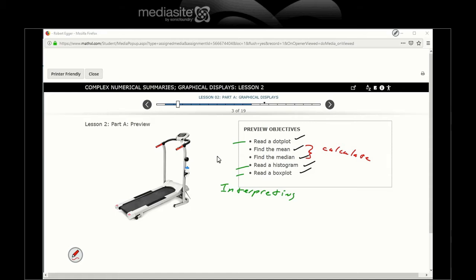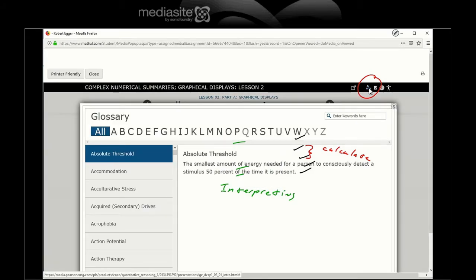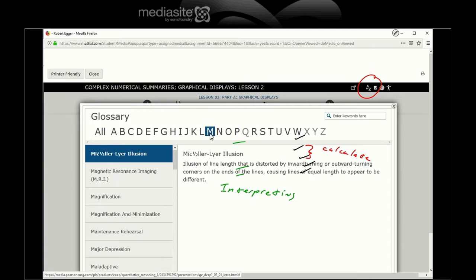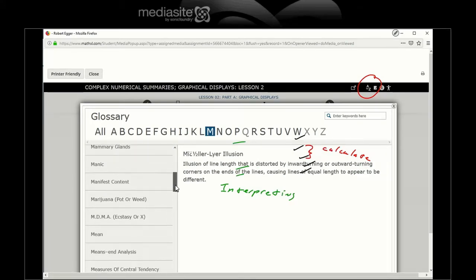A lot of these definitions you can find in the glossary, A to Z, of the various words and definitions. For mean and median, that's an M.